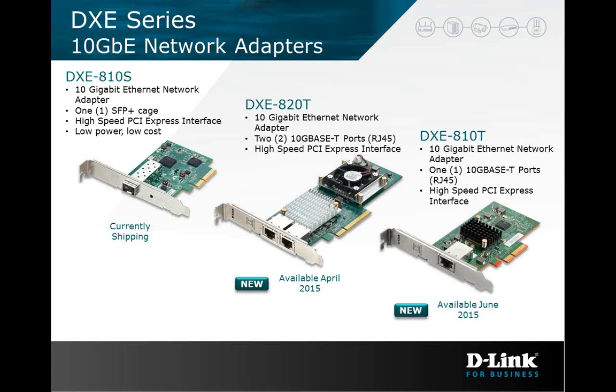That'll be available starting next month. And then the one on the right, we follow up in the June timeframe. That's a single port of 10G base T copper. And notice, by the way, no fan on the single port 10G base T copper. Again, that goes back to our earlier discussion about the fact that the chips now are getting much more thermally efficient than they used to be, and less cooling is required.